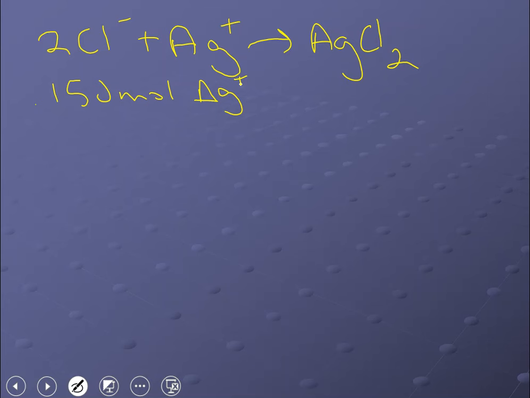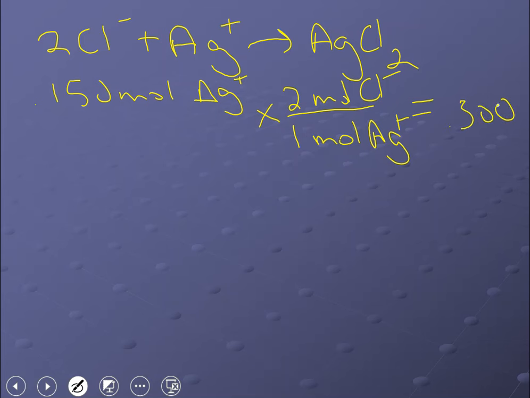So if I have 0.15 moles of silver ions, the amount of chloride ions needed, based on our mole ratio, would be twice that, because our silver ions would go on the bottom, our 2 moles of chloride ions would go on the top. Okay, and then that means we would actually need 0.3 moles of the chloride ions to completely pull all the silver out of the solution to the precipitate.